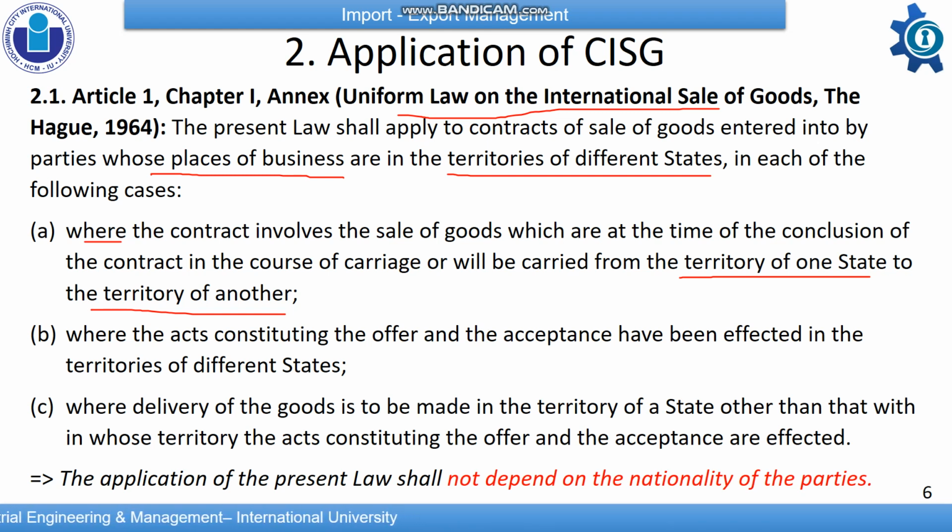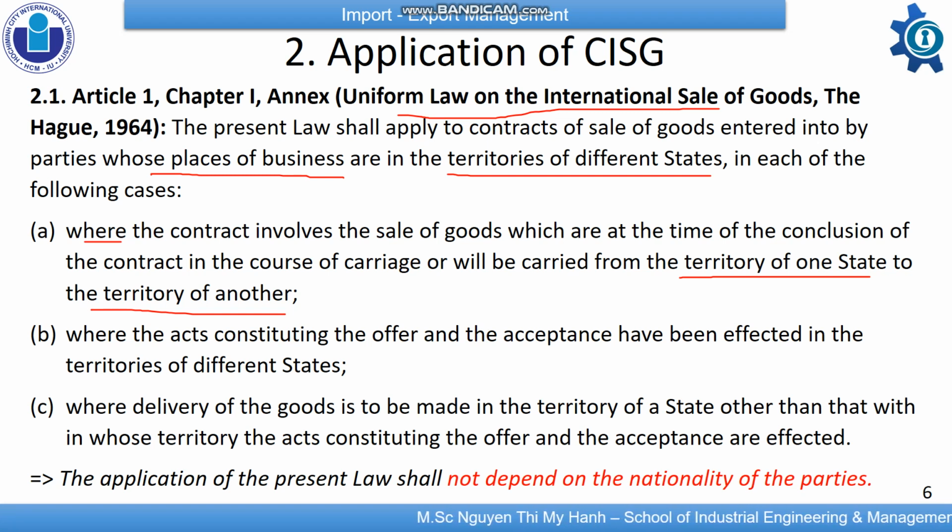So in the first one, the CISG can apply for the case that the contract involved the sale of goods to be carried from the territory of this state to another territory of another state.